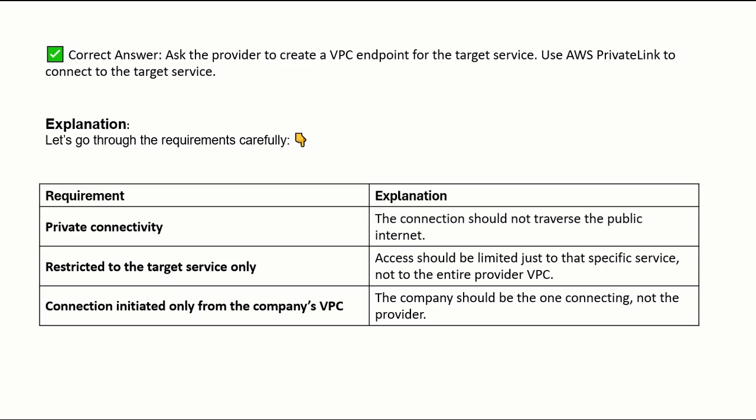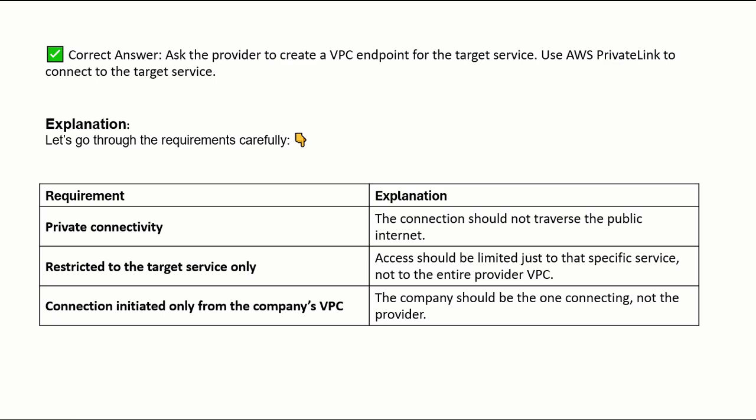The requirement says the connectivity should be private, so the connection should not traverse the public internet. It should be restricted to the target service only, which means access should be limited to that specific service, not the entire provider VPC.